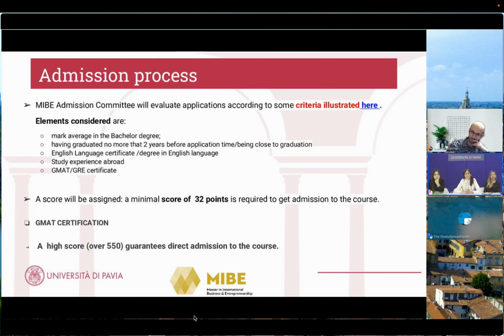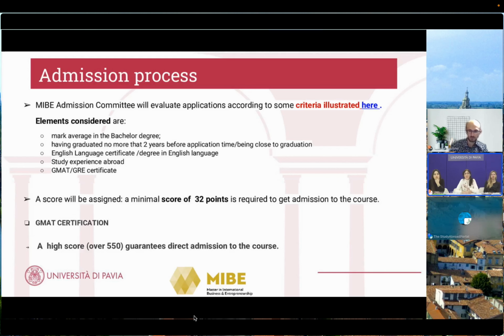This is very important because you get points for having this certificate, but depending on the mark, if you get over 550, then you get direct admission to the program. I'm talking in terms of GMAT, but GRE certification is also accepted, converted into GMAT. And if the score is over 550, that's it, you're in.